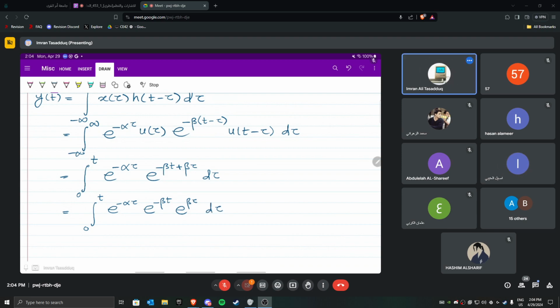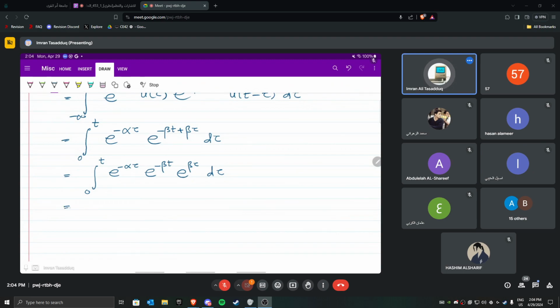Okay, all right, then we can see that this term does not depend upon tau, so I can take it outside, right? Yes. e to the power minus beta t times the integral from 0 to t of e to the power minus alpha tau e to the power beta tau d tau.